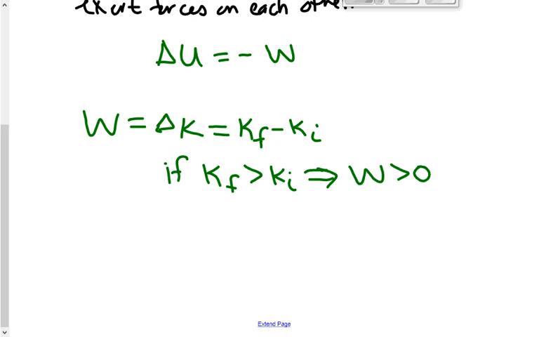But the question is, where does that kinetic energy that the object is gaining, or that the system is gaining, come from? Where does that work come from? Where do you think it's going to come from? Potential energy.